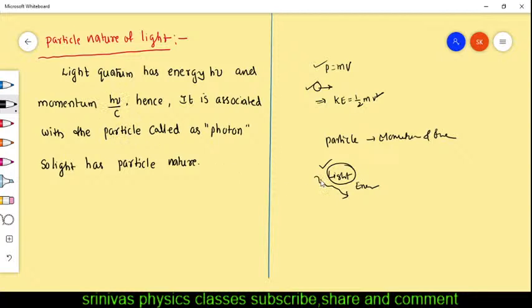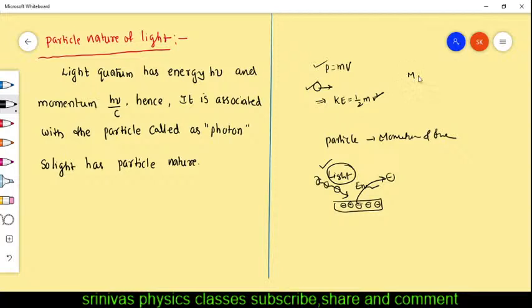Then light has energy and momentum, and this light is also interacting with the particles in the medium, right? When the light falls on the metal surface, those light photon energy packets interact with the electrons in the metal, and they make the electrons come out from the metal surface.